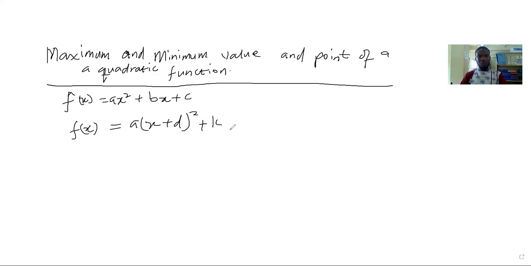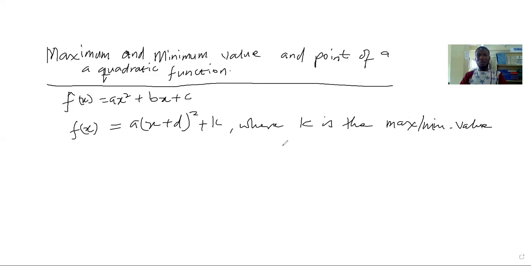where k is the maximum or minimum value depending on the nature of the curve.